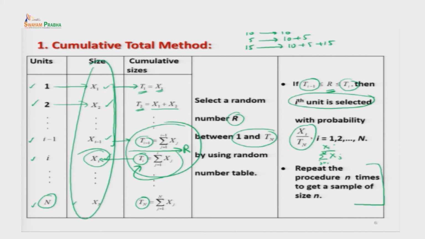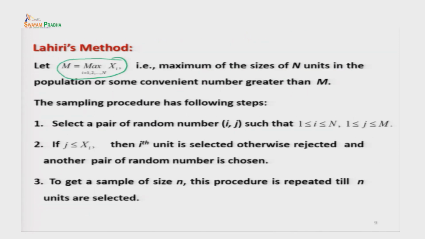Whatever is the maximum size, you choose here, and this can also be some convenient number which is greater than capital M. So essentially you first fix capital M, which is the maximum of the sizes of the capital N units in the population, or some convenient number greater than M.